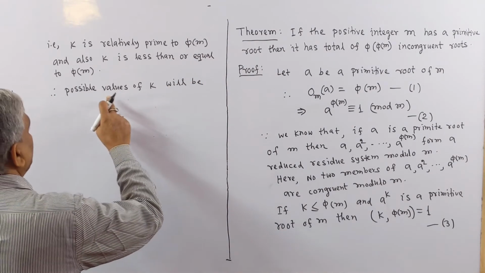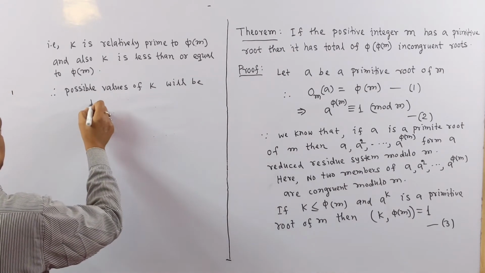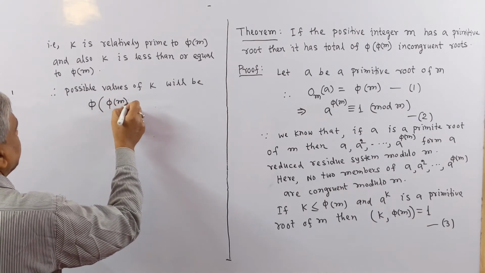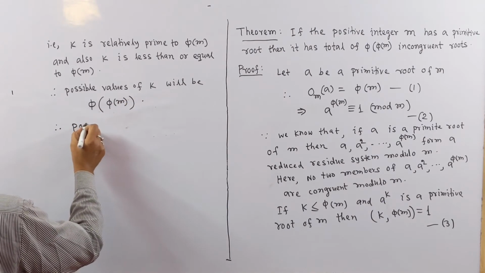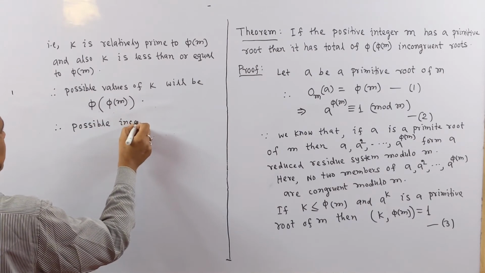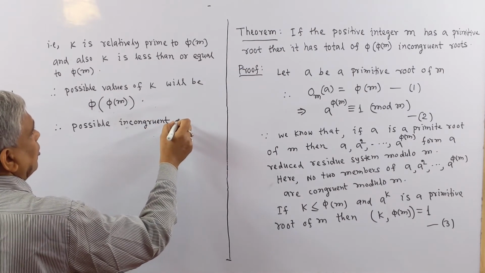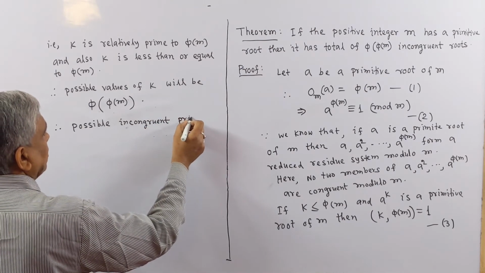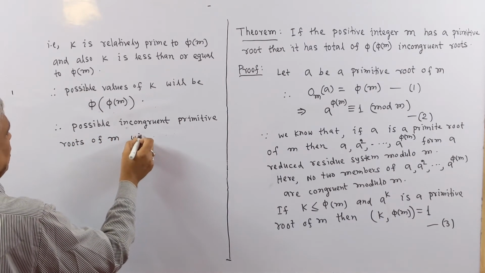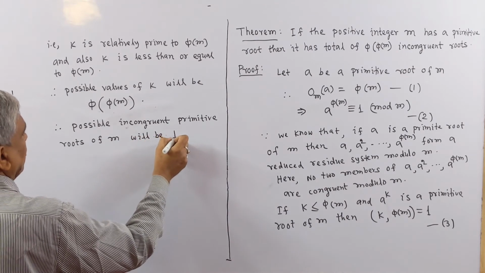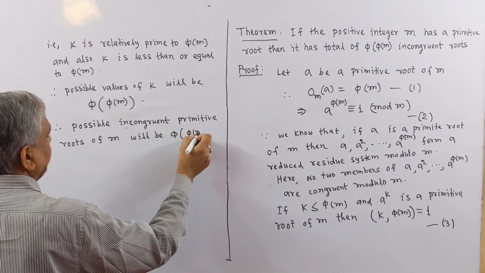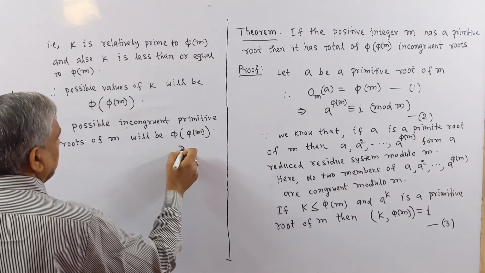Therefore, possible values of k will be Euler's phi function of phi m. Therefore, possible incongruent primitive roots of m will be Euler's phi function of phi m. Proved.